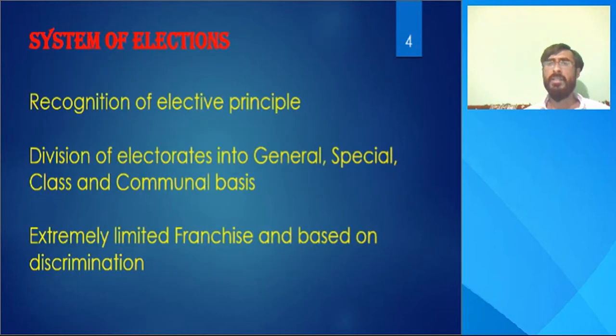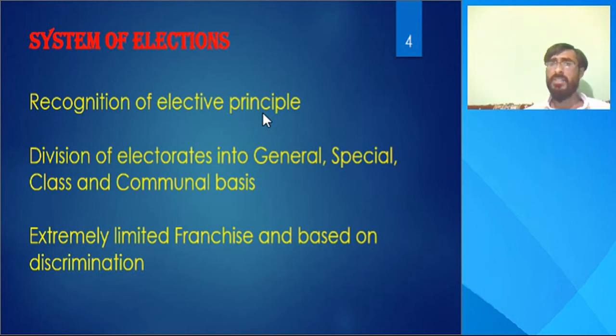The next provision of this act was with regard to the system of elections. Under this act, recognition was given to the elective principle, and this was a better provision as far as the interests of Indians were concerned.